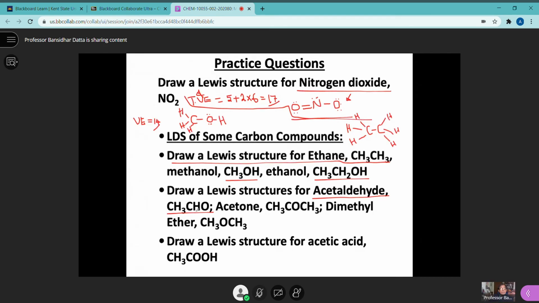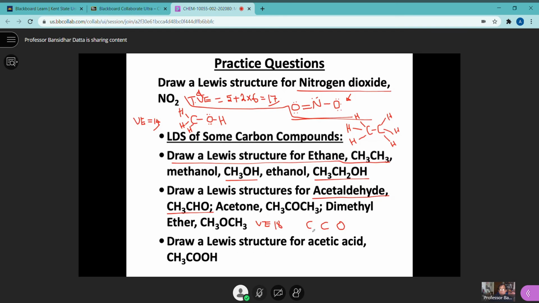So how many electrons are there again? Once again, carbon is 4, 3, 7. 7 plus 4, 11, 12, and 6, 18. So total V is 18. Now arrange them. So you have a carbon, carbon, oxygen.